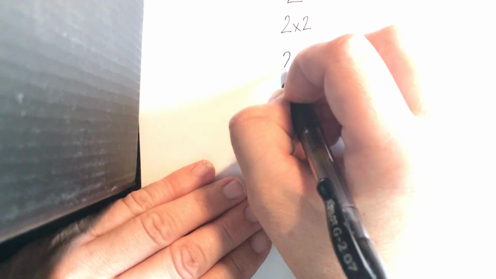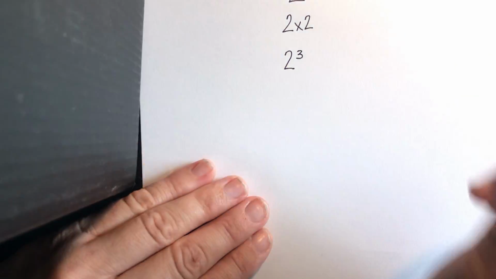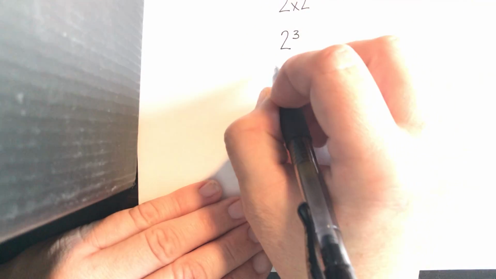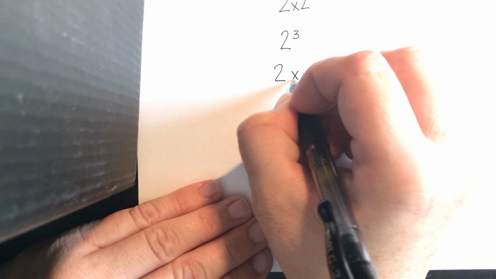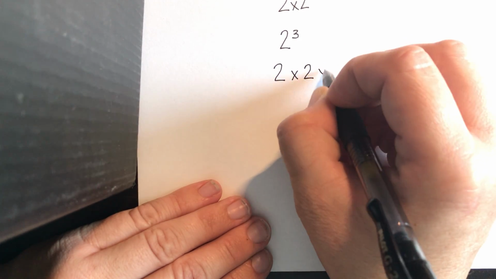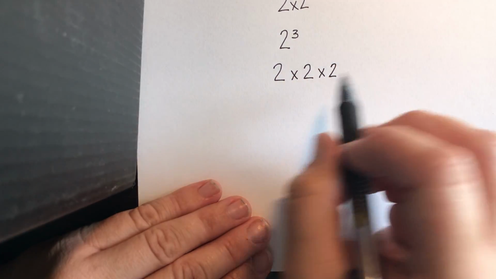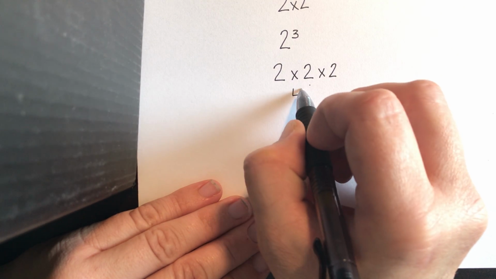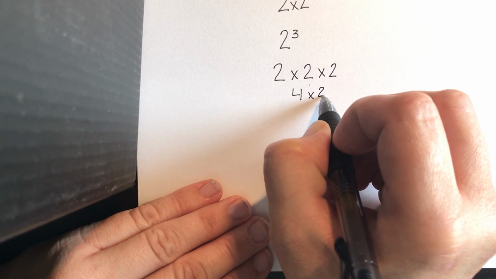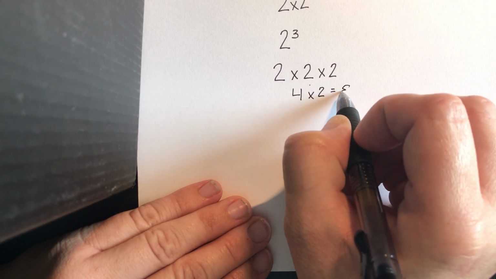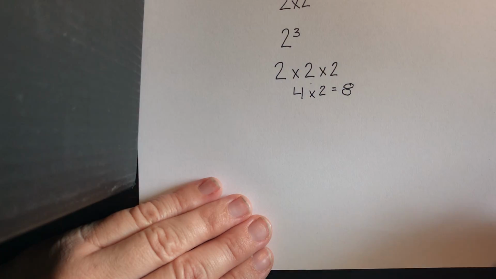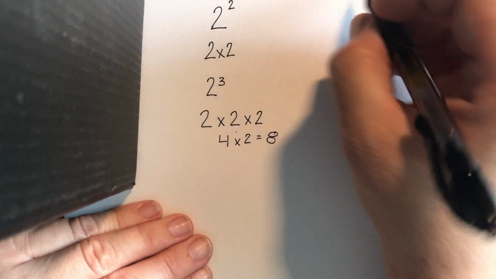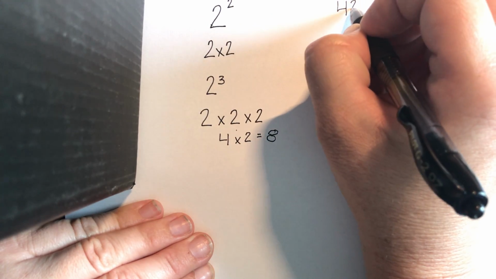So what if we had a 2 with a 3 up top? That would say 2 times 2 times 2. All right. 2 times 2 is 4 times 2, 8.